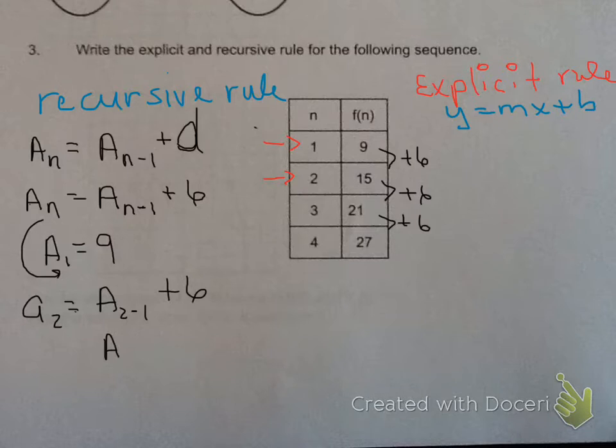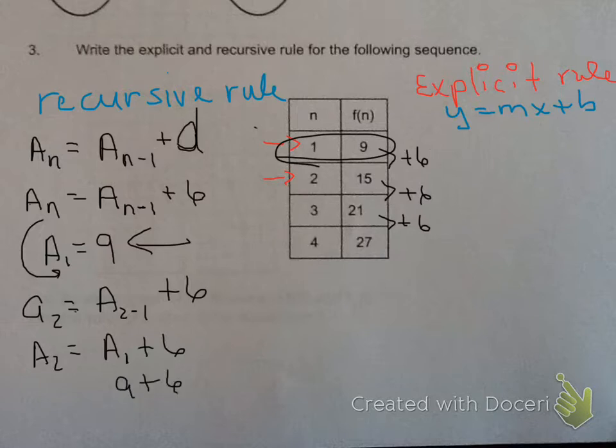Well, 2 minus 1 makes it a of 1 plus 6. So a of 2 equals a of 1 plus 6. A of 1, if you remember, is right here. It says it's 9. So we take 9 and we add 6 to it, and a of 2 will equal 15. And look, a of 2 equals 15.